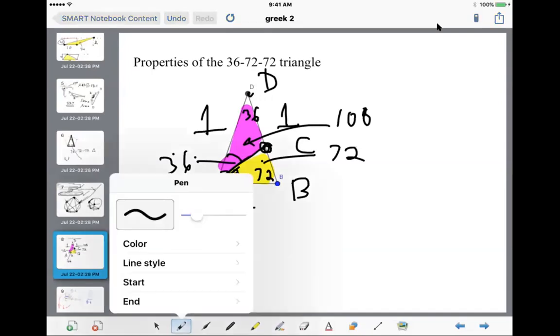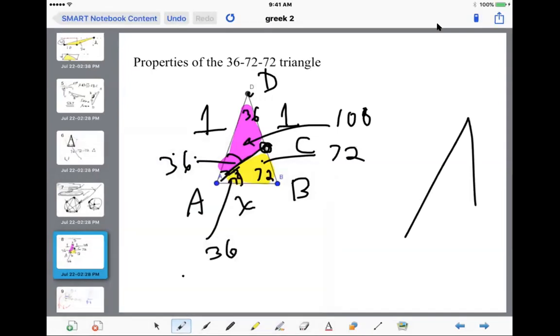If I took any other triangle that you could imagine, for instance, a 32, 74, 74, and I did that same trick, this guy here would not be similar to the original. But only for the 36, 72, 72.